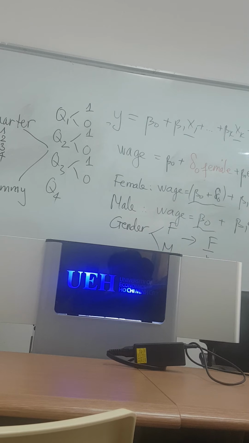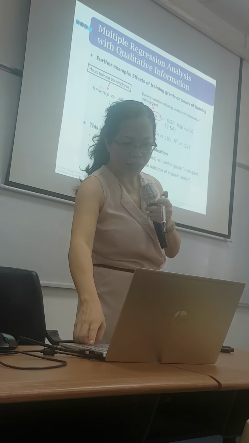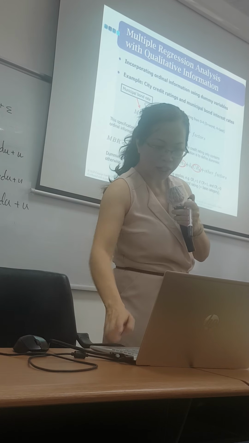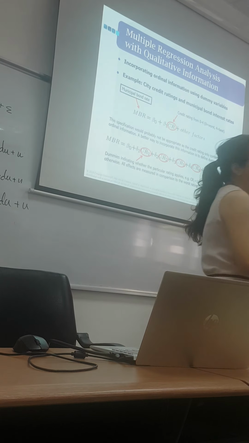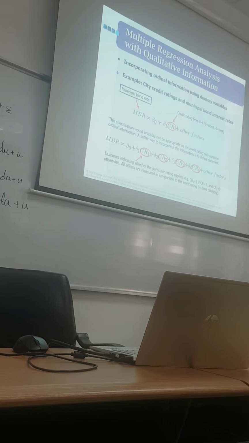Now look at another example. Instead of quarter, I'm looking at credit rating. Here we have the information: city credit rating and municipal bond interest rate.